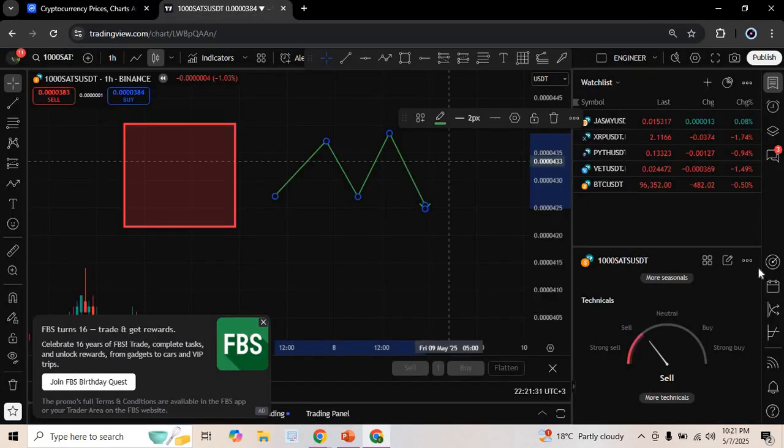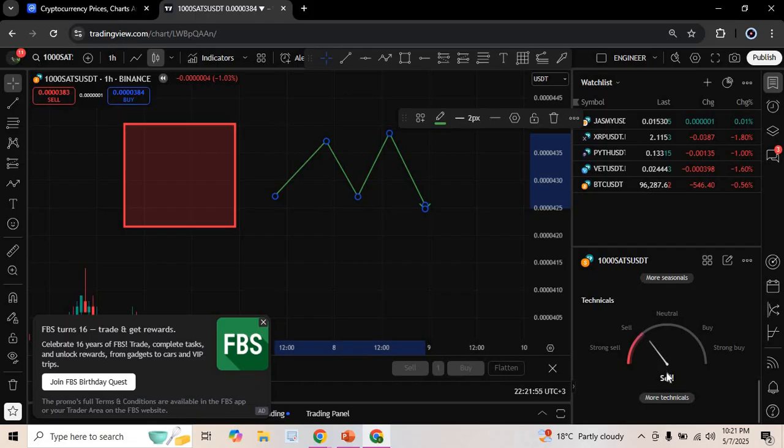But when you come to TradingView, the fear and greed index that is shown here is specifically for the coin that you are trading at that point. So the 1,000 sats USDT here, it is the fear and greed index for the 1,000 sats USDT that you're seeing right now.